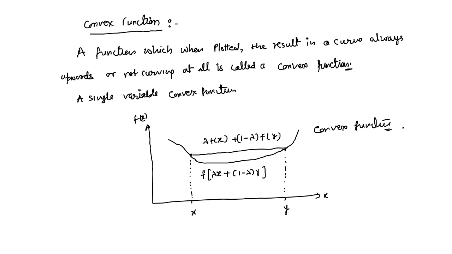So any function which, when we plot it, the result of the curve is upwards is known as the convex function, and downwards is known as the concave function.